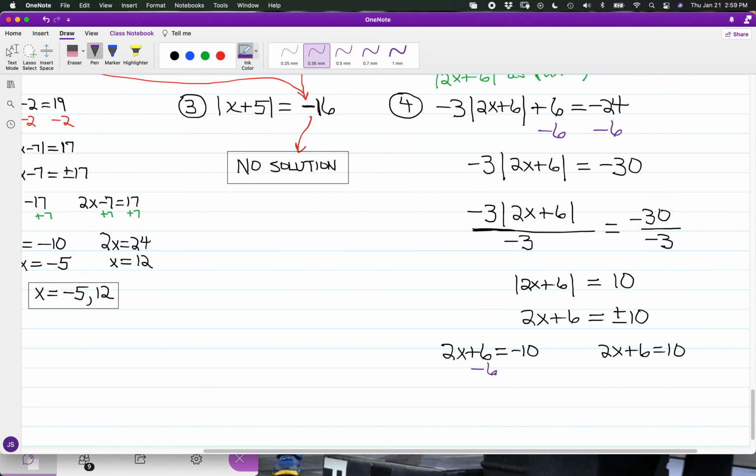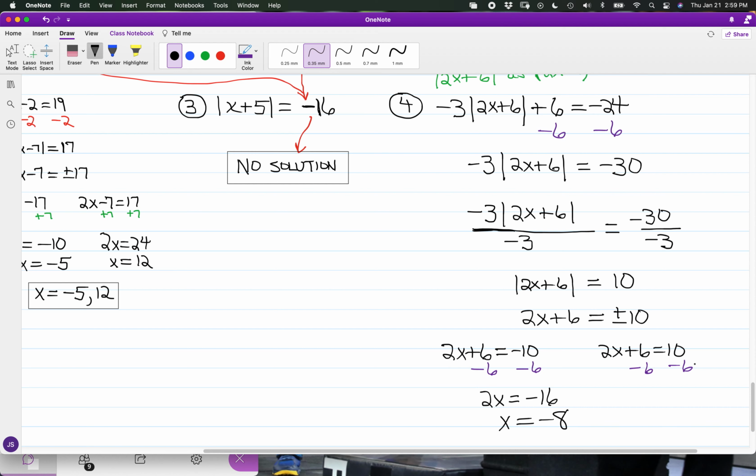So if I isolate the x term by taking 6 away from both sides, you have 2x is equal to negative 10 minus 6, which is negative 16. Division by 2 leads to x is equal to -8.